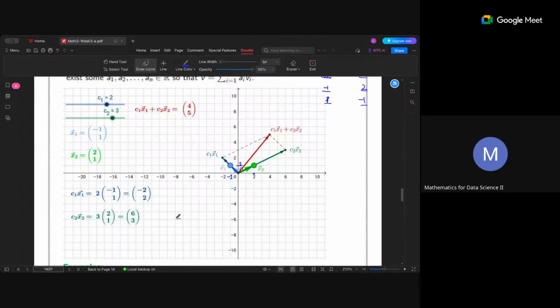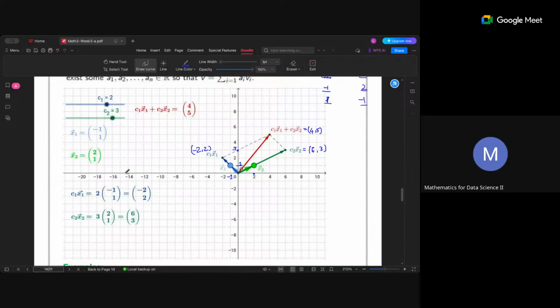All right, so this is the simple visualization. Here you have c1x1 plus c2x2 equal to the point (4, 5). This is (6, 3), and here this is (-2, 2).